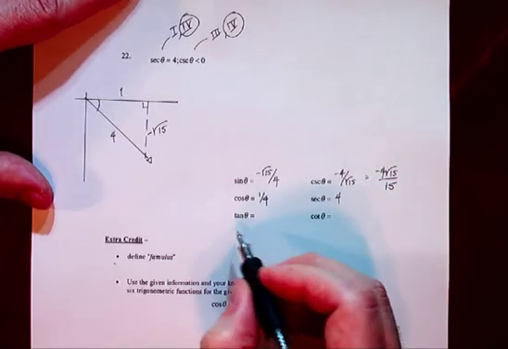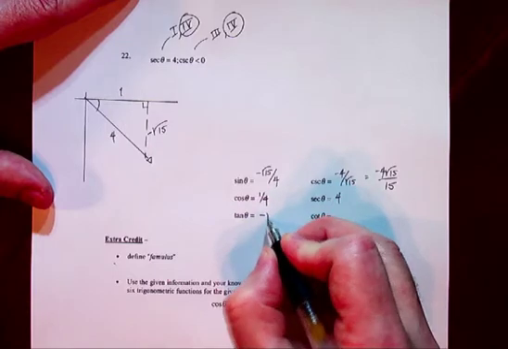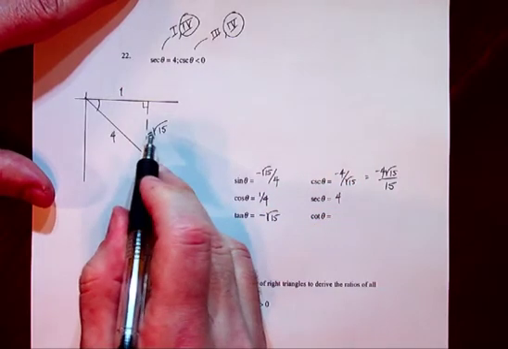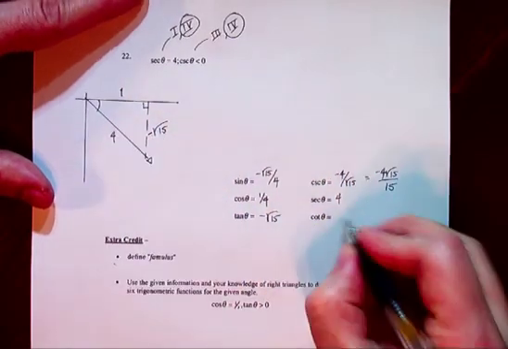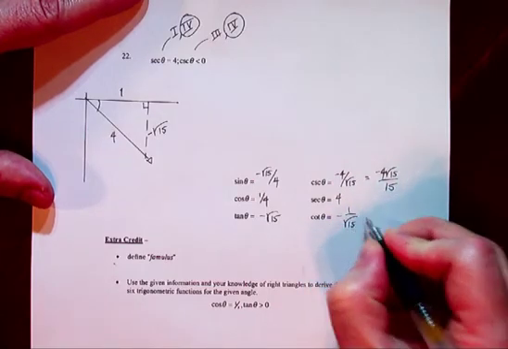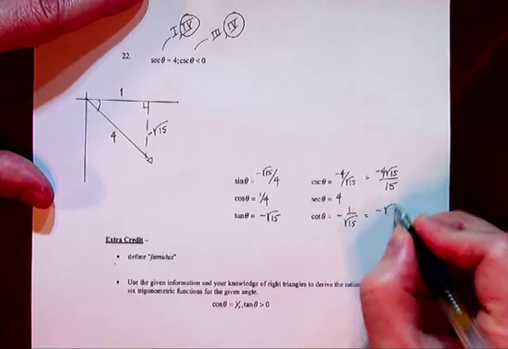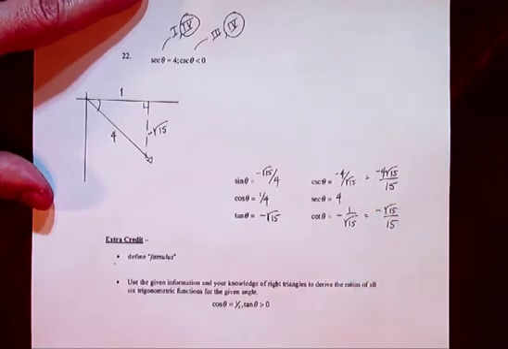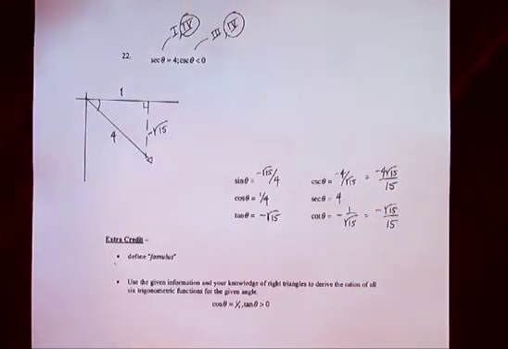Now tangent is going to be -root 15 because it's going to be the opposite over the adjacent. This right over here is -1 over root 15 or -root 15 over 15. And that's basically it, okay?